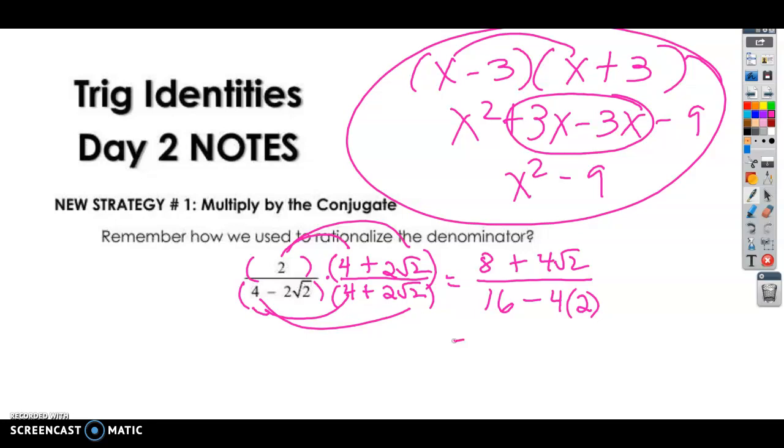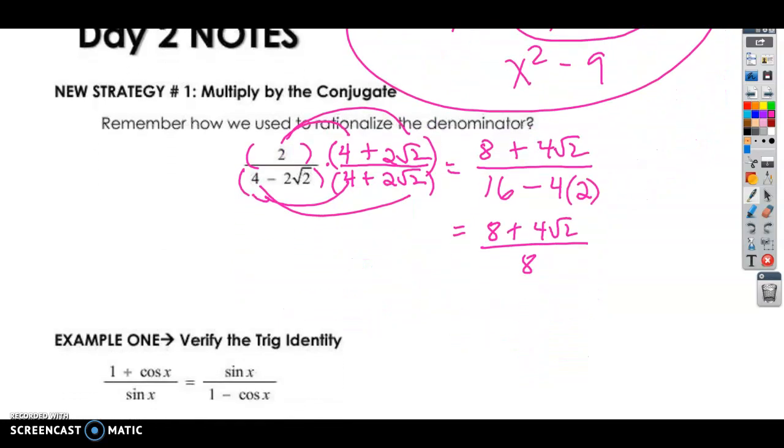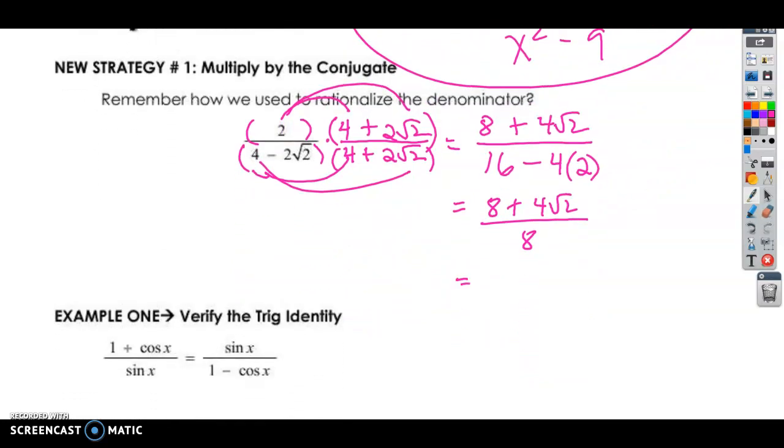So I'm going to work down, and we've got 8 plus 4 square root of 2 over 16 minus 8, which is 8, right? Okay. So now all we have to do is simplify. When we simplify, we have to simplify the 8 and the 4 and the 8 all together. Now, 8 does go into 8 evenly one time.